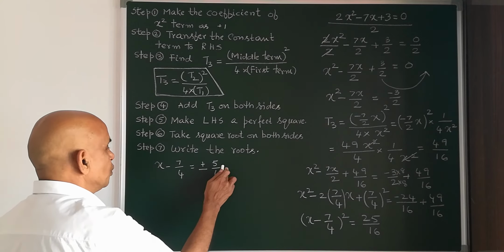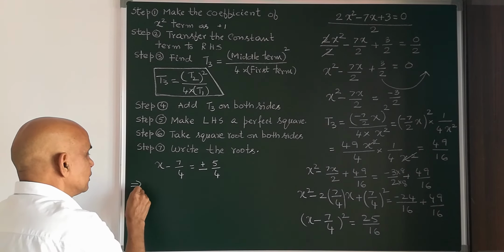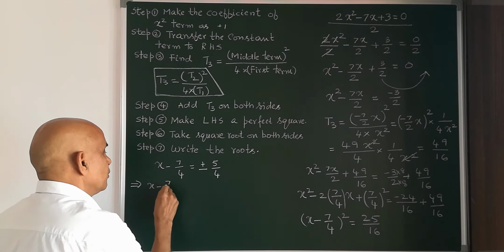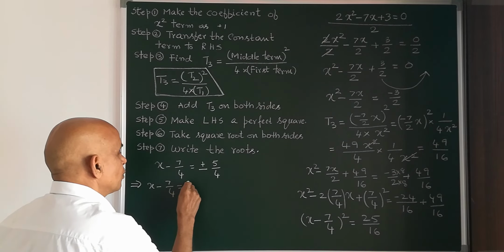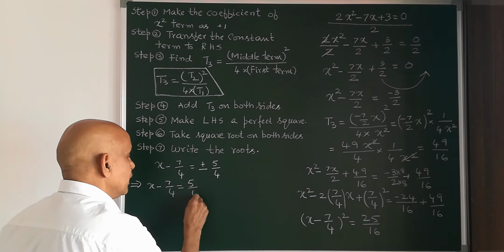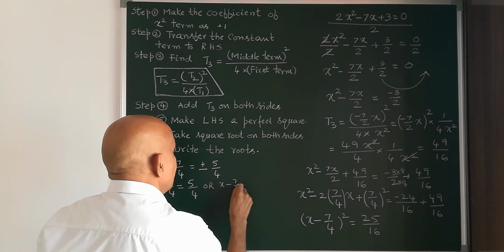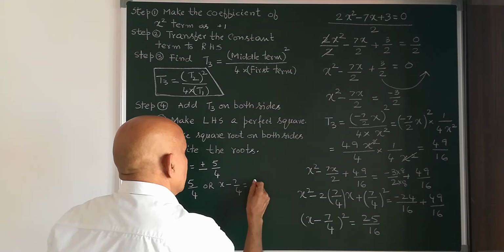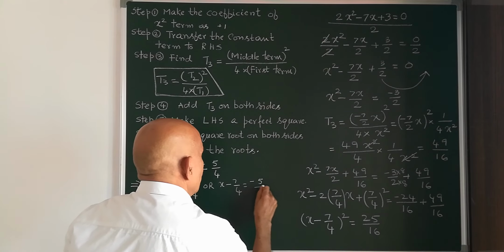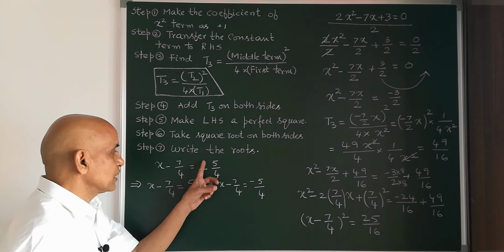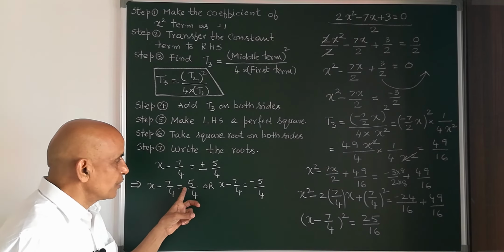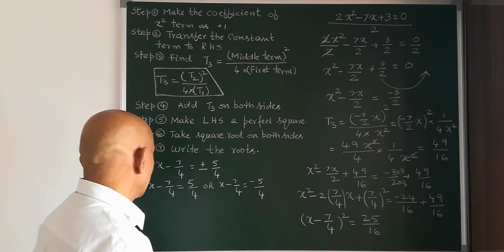Now this gives 2 roots. This implies x minus 7 by 4 is equal to 5 by 4, or x minus 7 by 4 is equal to minus 5 by 4. So once plus we have taken, once minus we have taken.